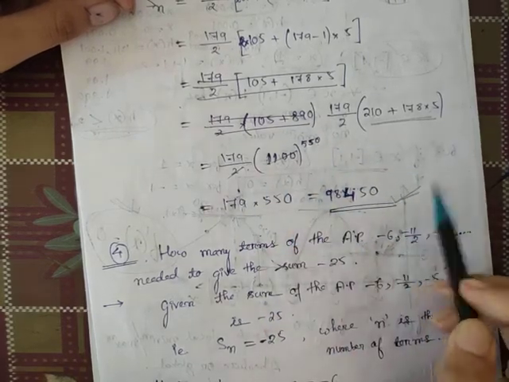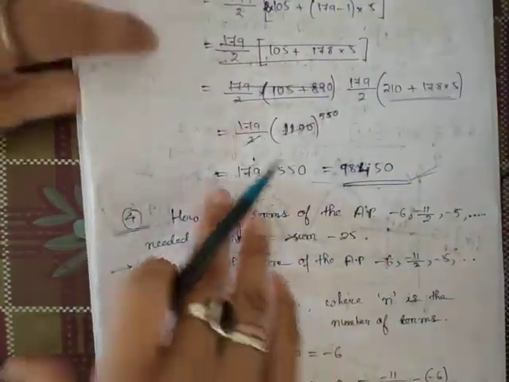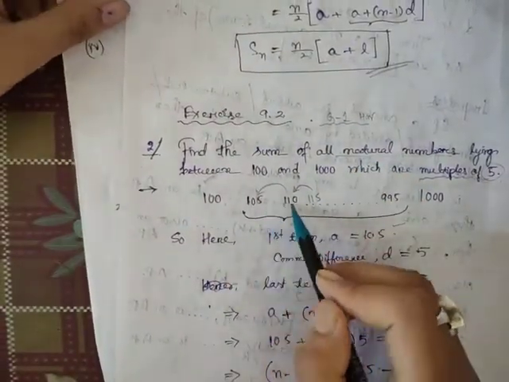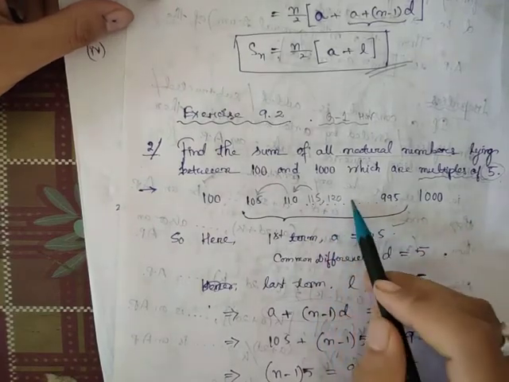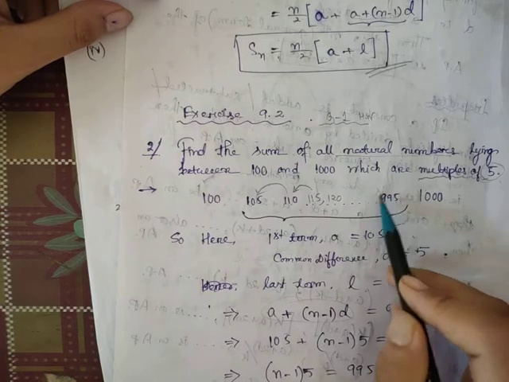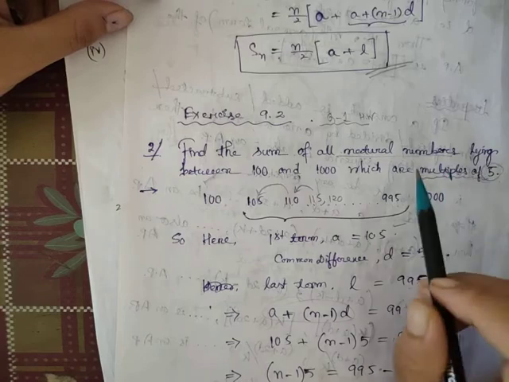So this is the required answer. What is this? It is the sum of these terms: 105 plus 110 plus 115 plus 120, adding on up to 995, but only those numbers which are multiples of 5. Clear?